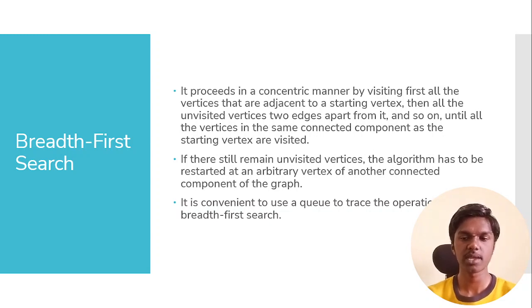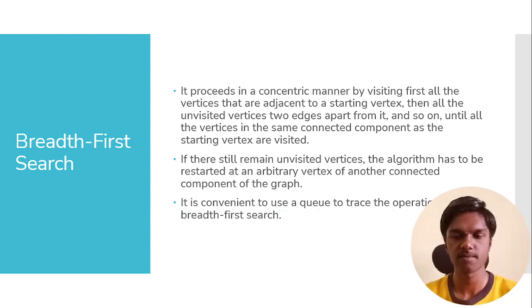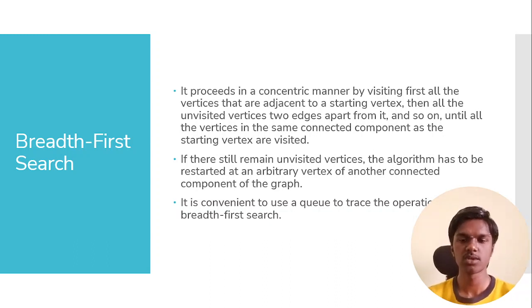If there still remain unvisited vertices, the algorithm has to be restarted at an arbitrary vertex of another connected component of the graph. It is convenient to use a queue to trace the operation of a breadth first search.